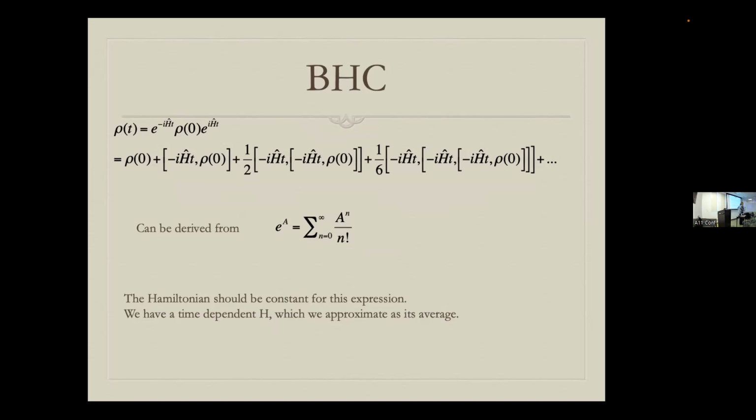It happens in Redfield, and I also think it happened early in the class, related to interconverting e to the ix and sines and cosines in some way. But so we're using this, and I just want you to notice that it's a trick that just comes up over and over again in spectroscopy. So that's what we're going to do to write out the e to the minus iHt over h bar and e to the iHt over h bar, okay?